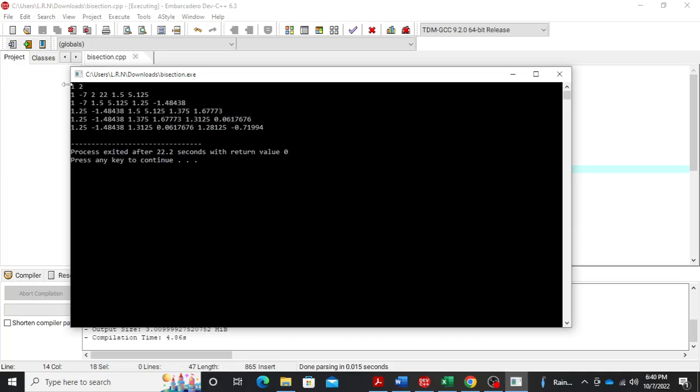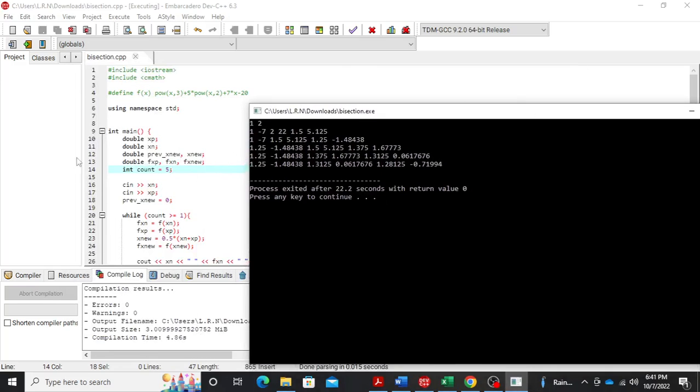If we press enter, these are the answers for the 5 iterations. This one here, xn, fxn, xp, fxp, x new, and fx new, just like this, as discussed in the handout. It continues to iterate until 5 iterations as stated in the program.